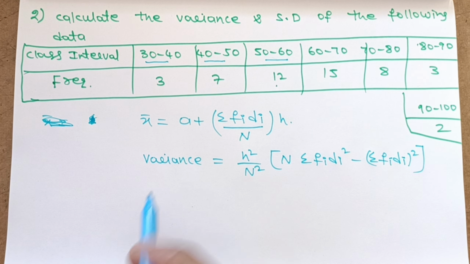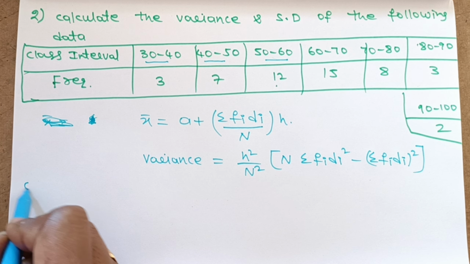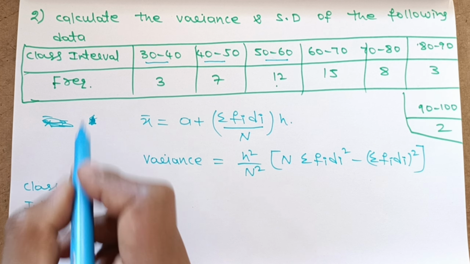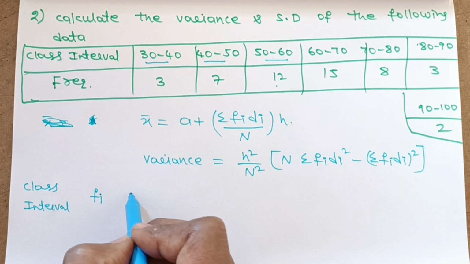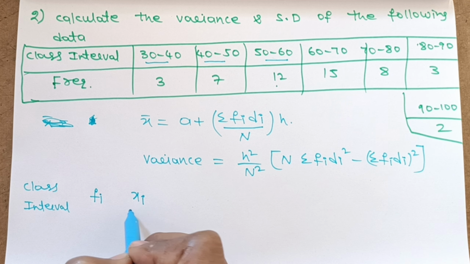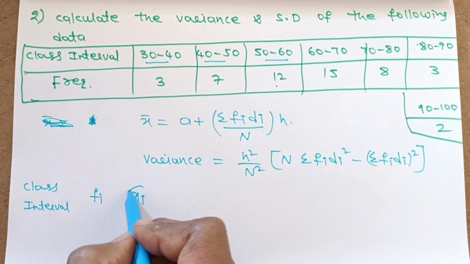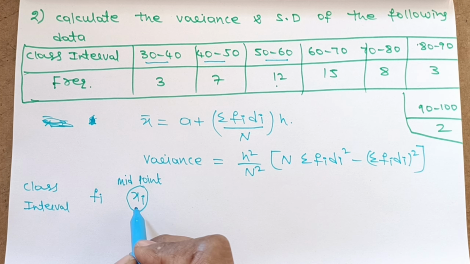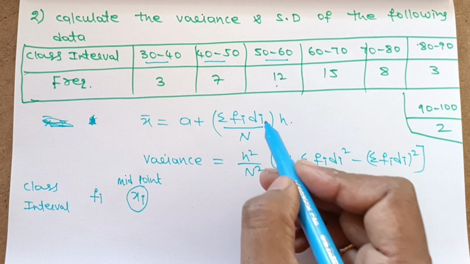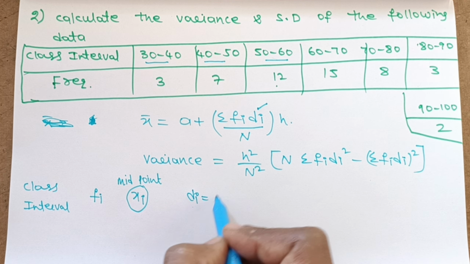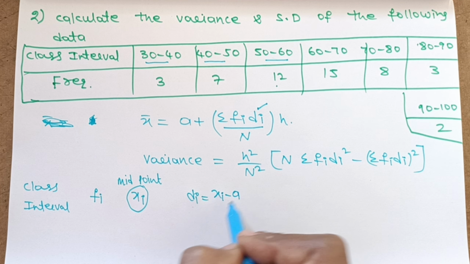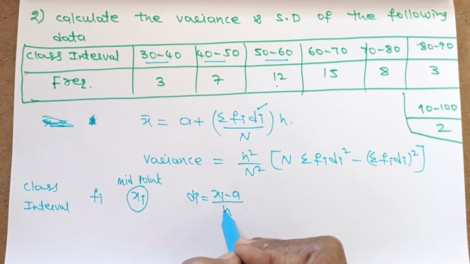For finding the values of these, first we construct the table. First write the class interval. Next we write the frequencies, that is fi. After that you write the xi values. What is xi? Midpoint of the class interval. After finding xi, next we find the di values. Di is equal to xi minus a divided by h.